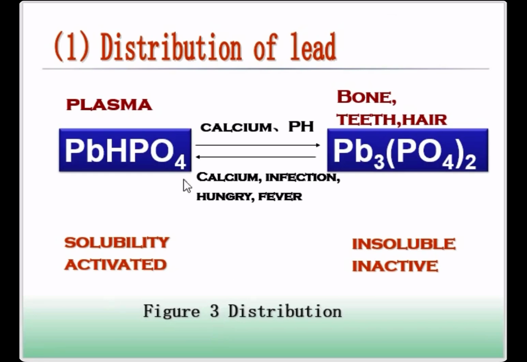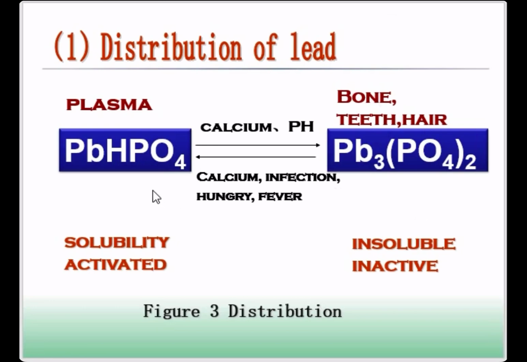Hydrogen phosphate lead is soluble, so it is active. It can change to the insoluble form. So this one will be inactive. We call it red lead. It stays in the bone, teeth, and hair.